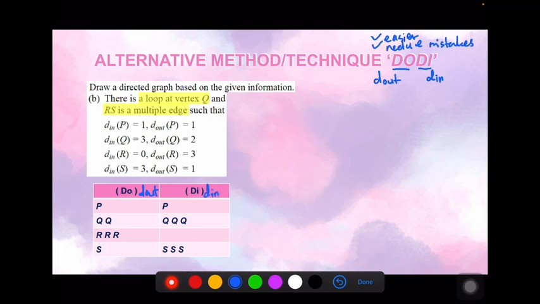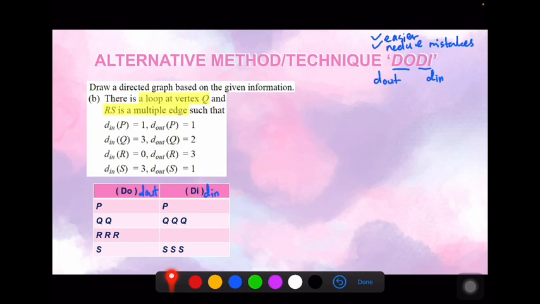Based on the example, we have D in P, 1. So we write letter P once at the column D in. D out P is also 1. So write letter P once at the column D out.